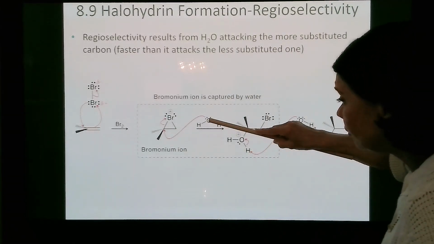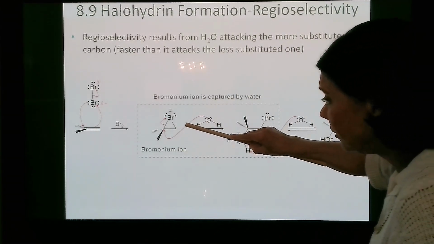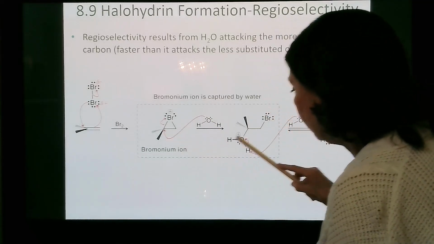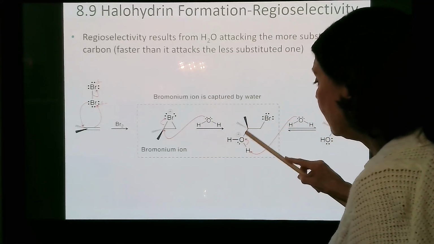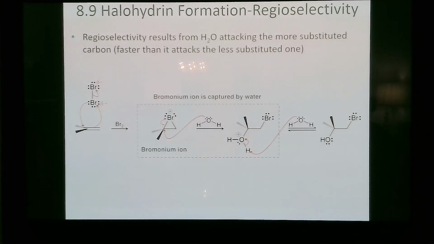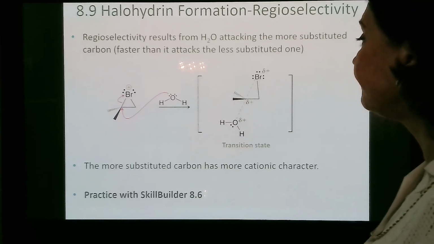And so the oxygen, with its electron density, partial negative, is attracted to the partial positive. And so that's why you have attack by oxygen at the more highly substituted carbon. And so that's why you have this regiochemistry. Okay? That's why you have this regiochemistry. And that will be important. You'll want to remember it.